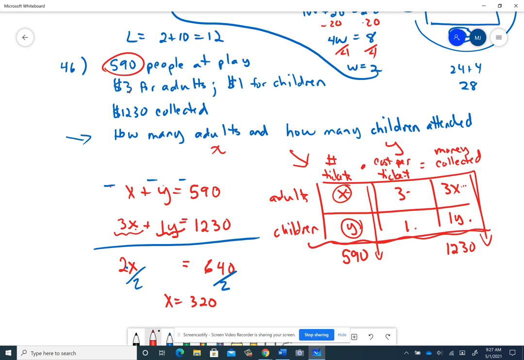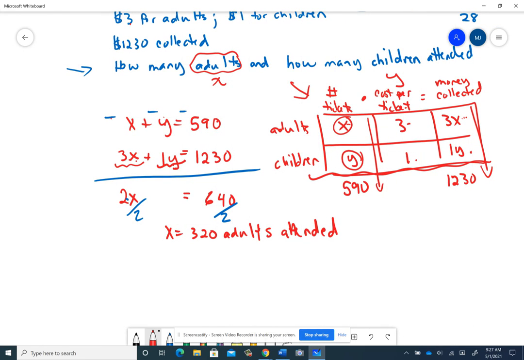Now 320 is x, and I have to go back to see that x was adults. So 320 adults attended. And I know from earlier that altogether 590 people came.